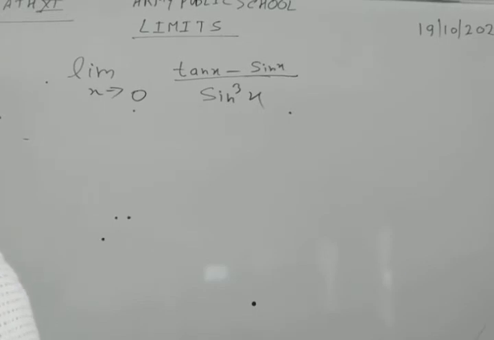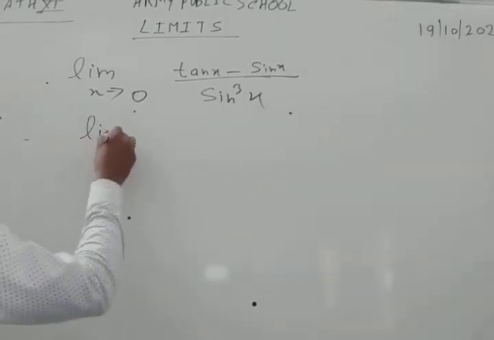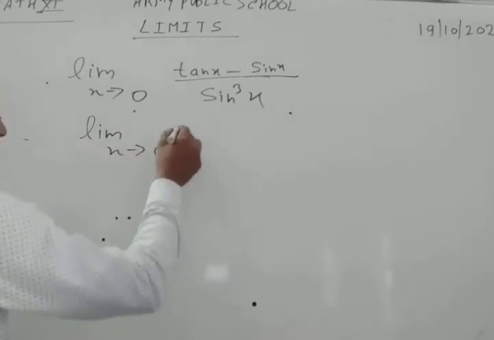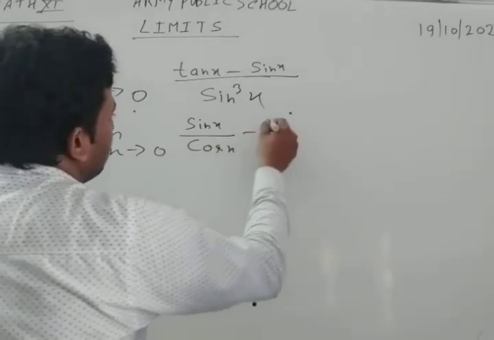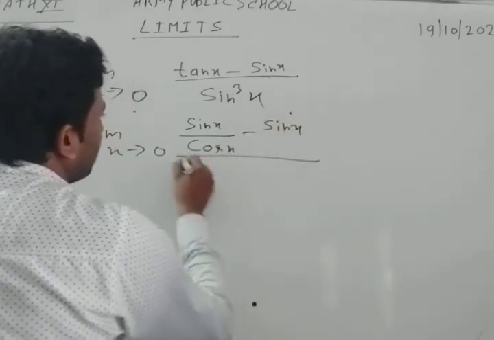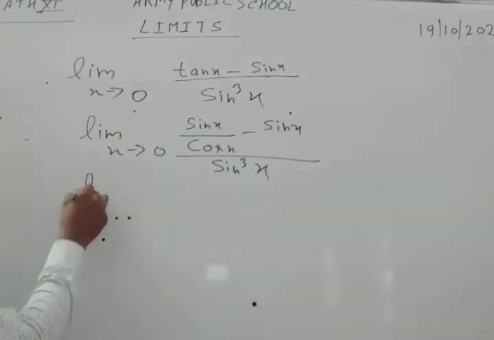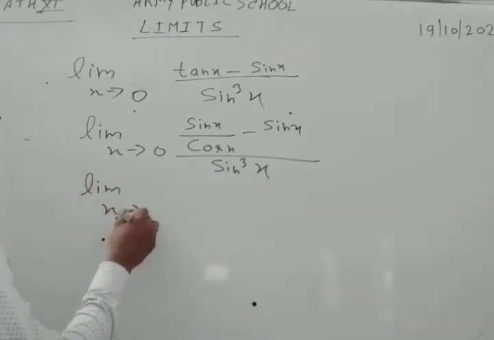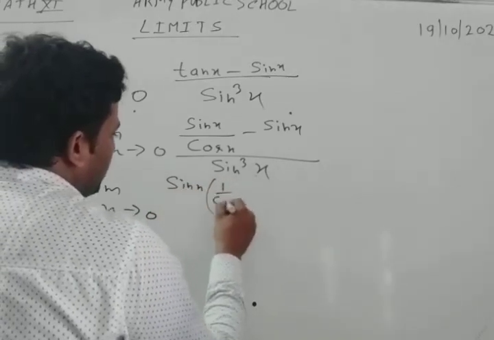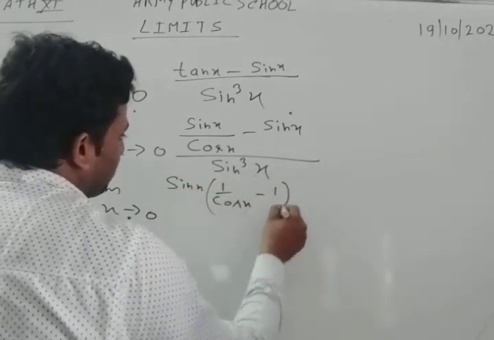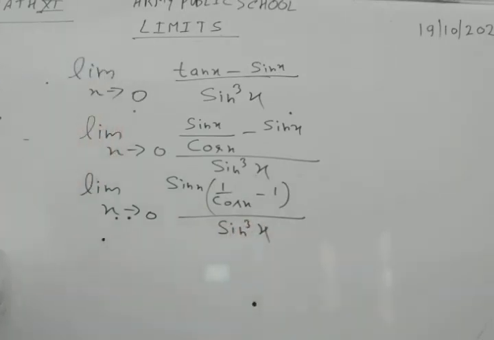So limit x tends to 0, sin x by cos x minus sin x upon sin cube x. Now limit x tends to 0, taking sin x outside, (1 by cos x minus 1) upon sin cube x.